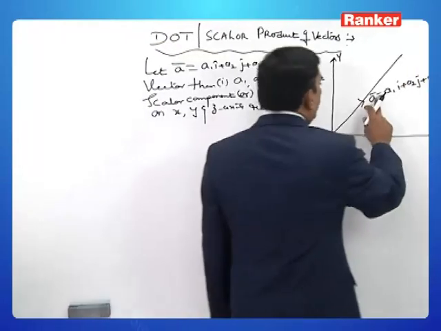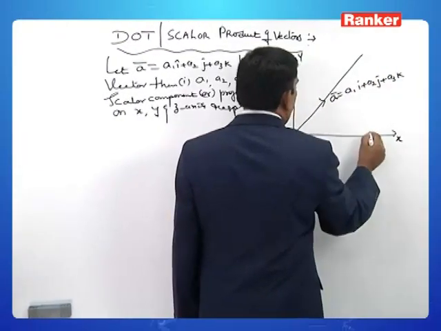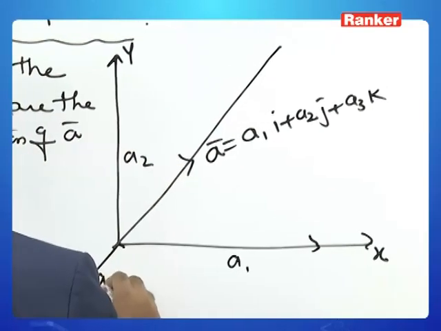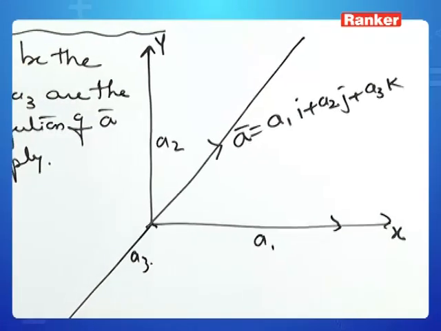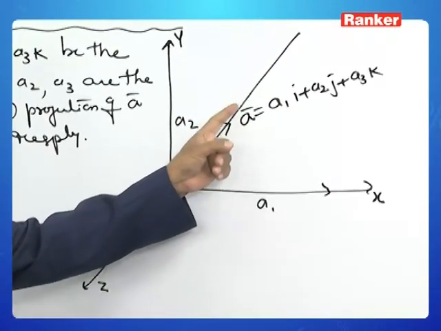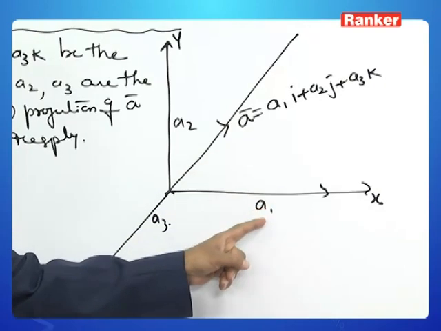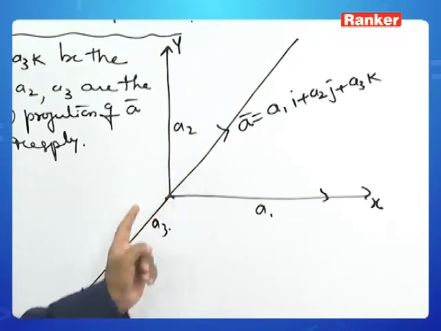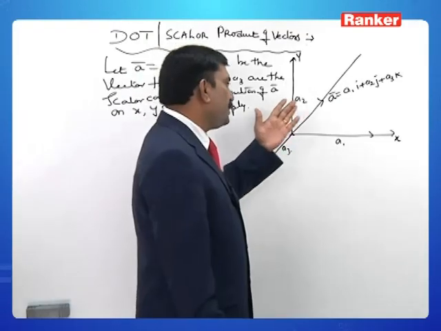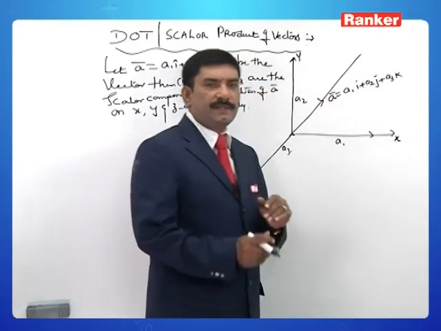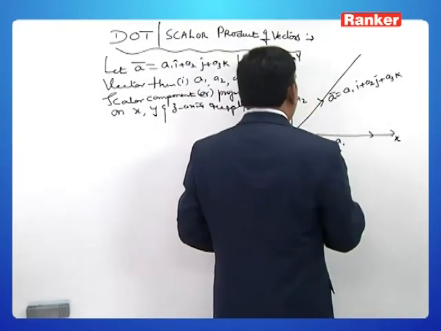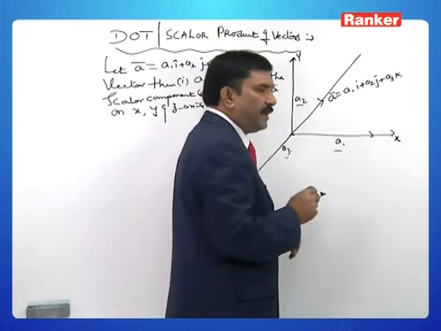If I take A bar equal to A1i plus A2j plus A3k, then A1, A2, A3 are nothing but the scalar components of A bar on the x-axis A1, on the y-axis A2, on the z-axis A3. In other words, the projection of A bar on the x-axis is A1, on the y-axis A2, on the z-axis A3.